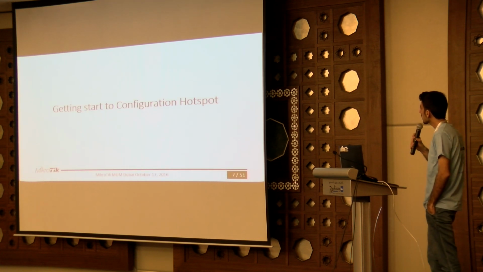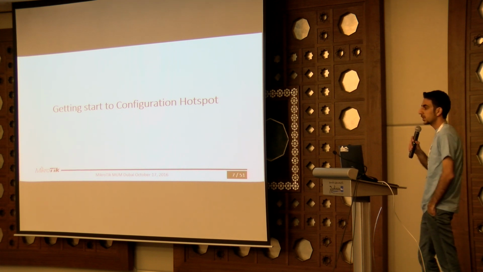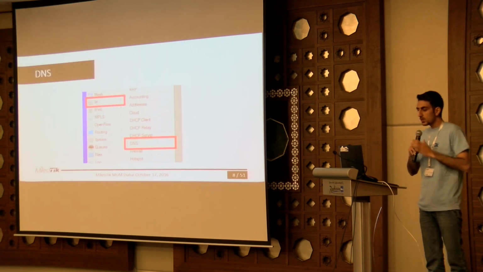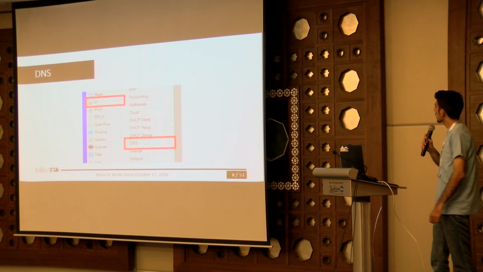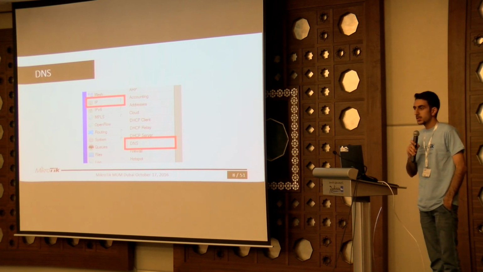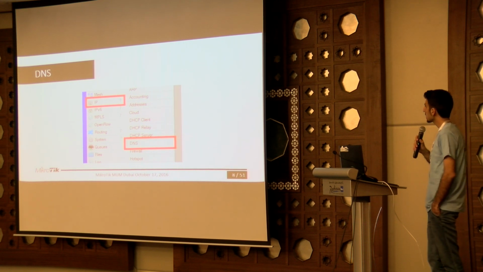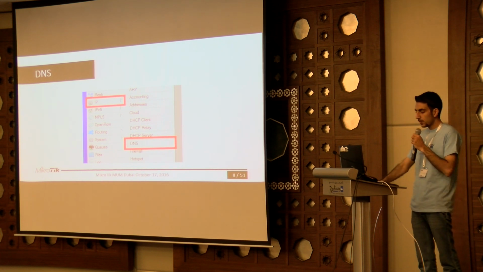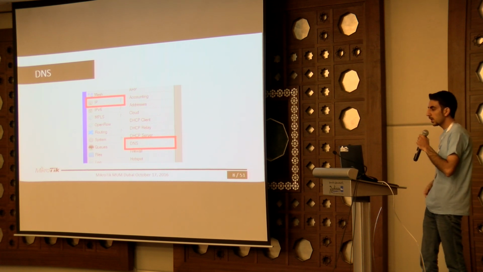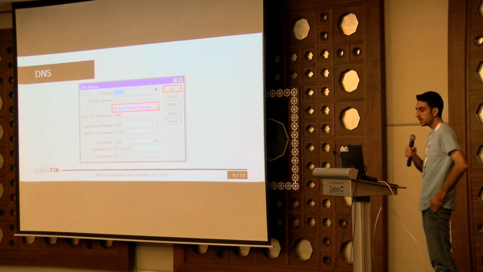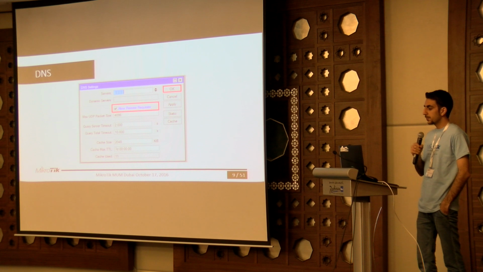We want to start configuring hotspot on the router. Before starting, we should enable DNS on the router because DNS is necessary for running hotspot. For this, we go to the IP menu and click on DNS. After that, the DNS settings window will open.